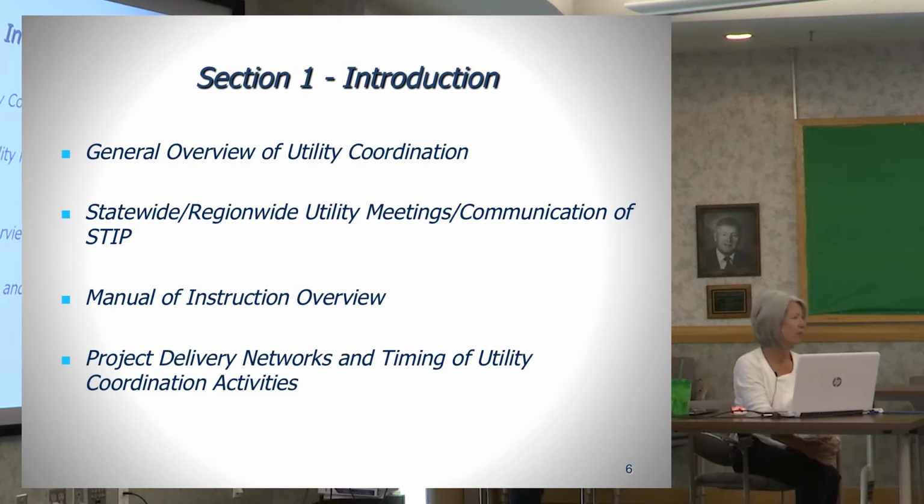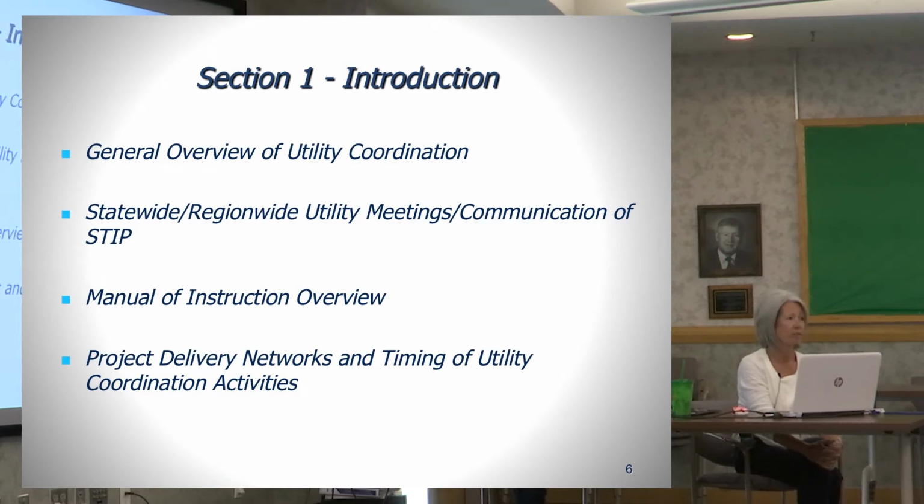And every other meeting, roughly in April and in August, they include representatives from the utility companies. After the STIP workshop, they go over the STIP with all of the utility representatives so that they have a look ahead at UDOT projects.